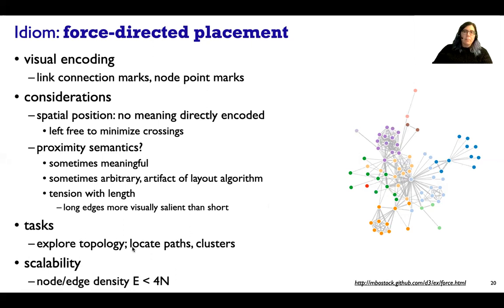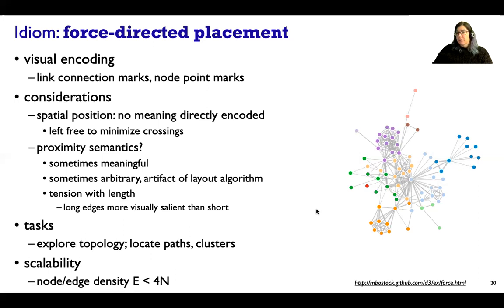So if you're more than about 4 times the number of nodes with your edge count, you're probably going to get a really, really dense hairball that's going to be quite hard to see.